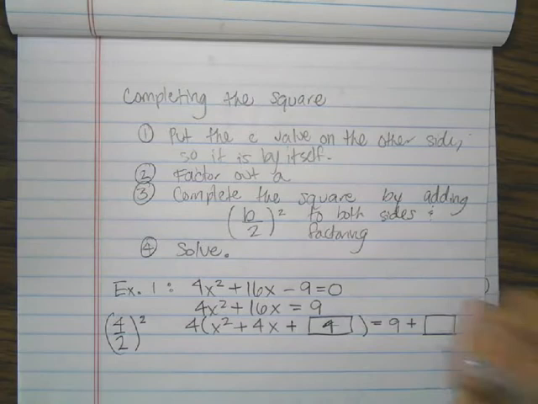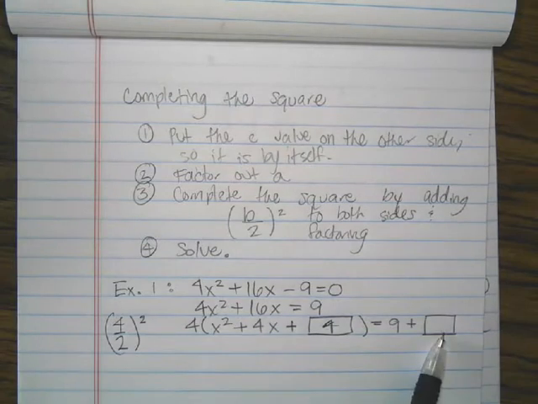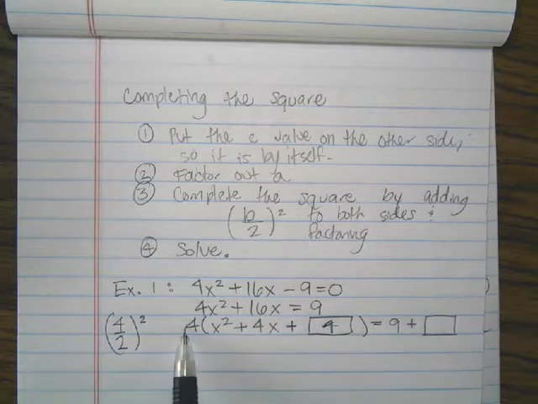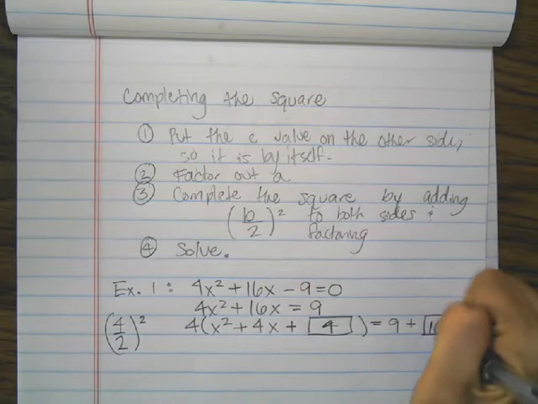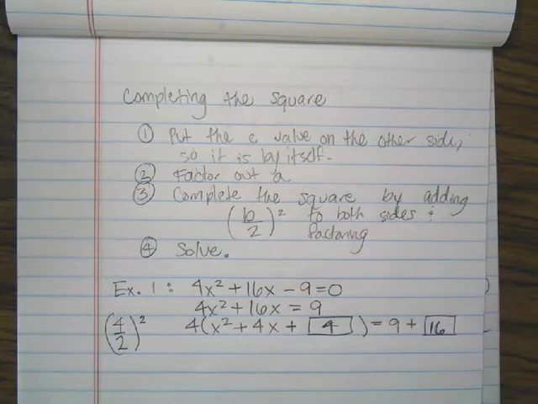However, you have to be careful, because whatever you add on one side, you have to add to the other side. That's why we have two boxes. But we're not really adding 4. We're adding 4 times 4, because this 4 is on the outside. So if we were to distribute it in, it would be 4 times 4. That would be 16.